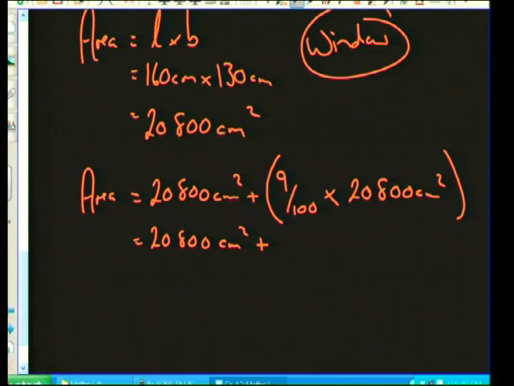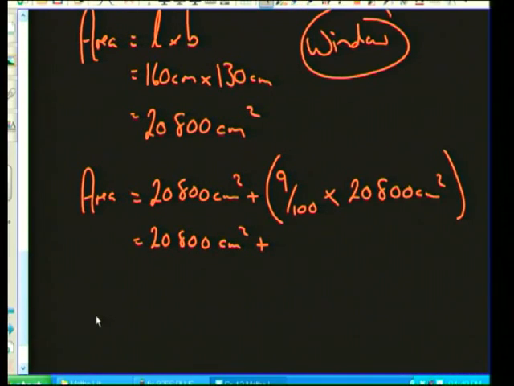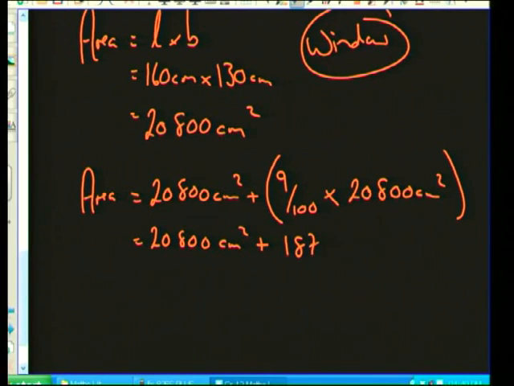Now, let's find out 9%. We've already got 20,800 on our calculator. We're going to multiply that now by 9%, equals 1,872 centimeters squared.